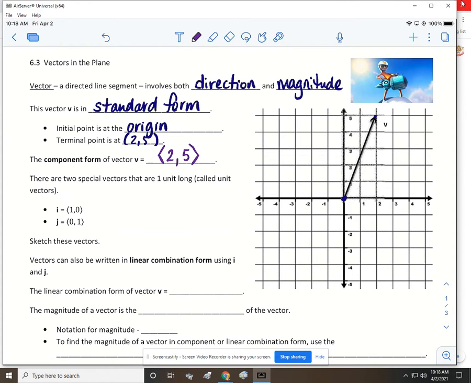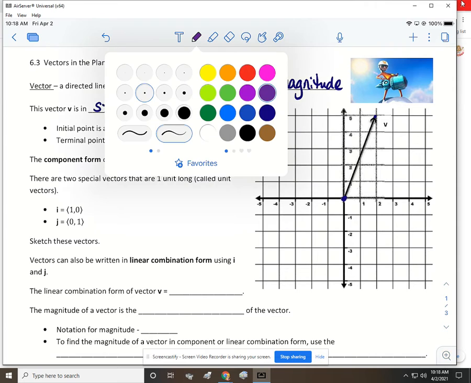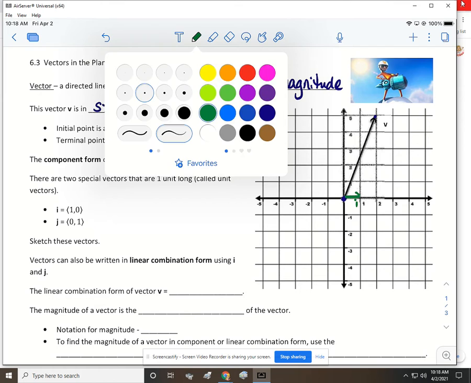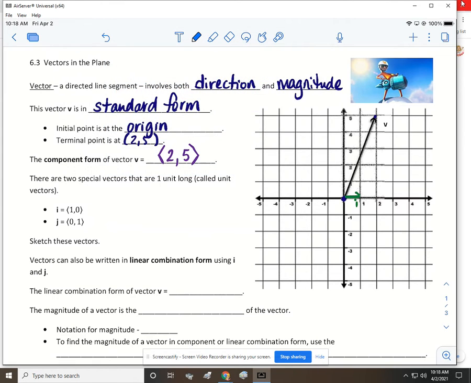Right? There are 2 special vectors that are 1 unit long, and they're called unit vectors. So i has the components <1, 0>, and j has the components <0, 1>. So we're gonna sketch these real quick. So this green one is i. So it's just 1 unit pointing to the right, and then j is just 1 unit pointing up.